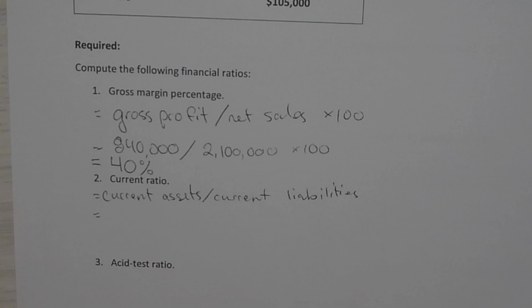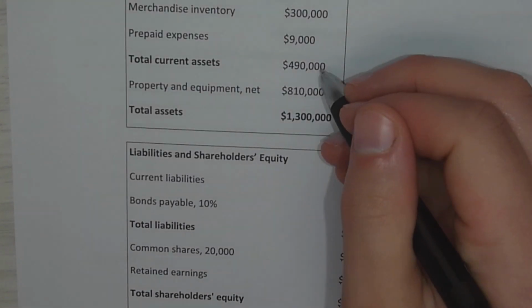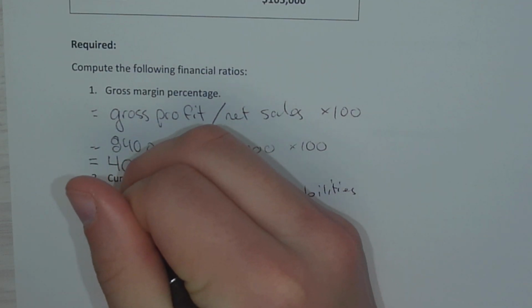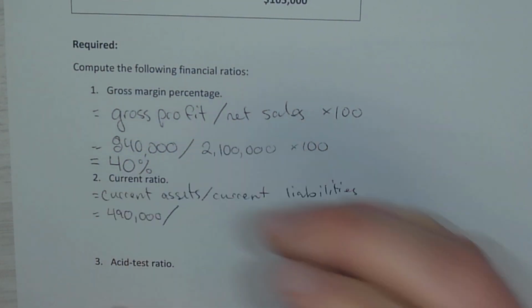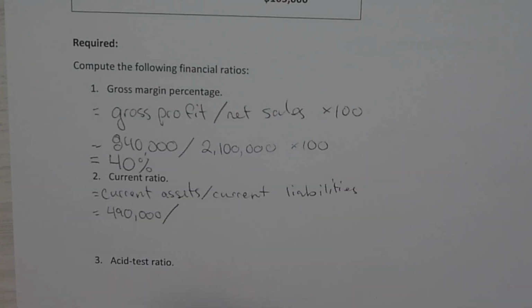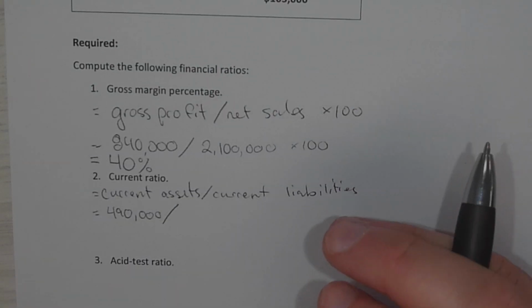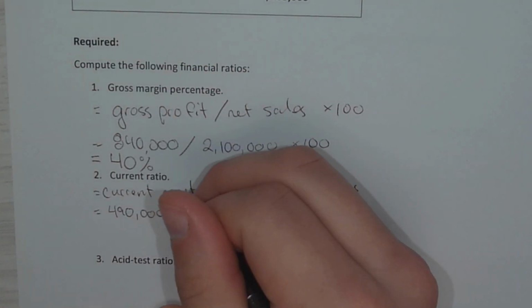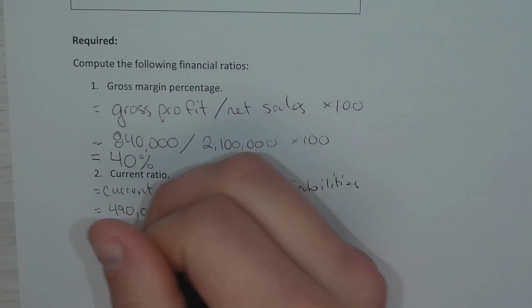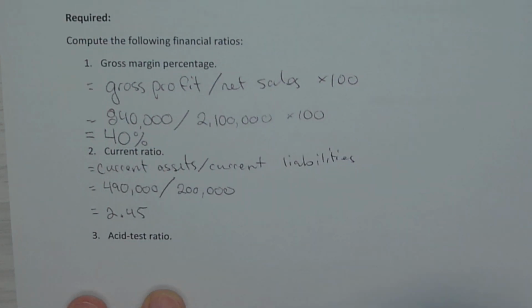So our current assets are already added up, 490,000, divided by our current liabilities, which are right here, which is 200,000, and we get a current ratio of 2.45.